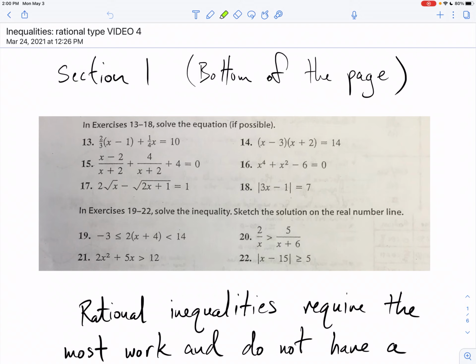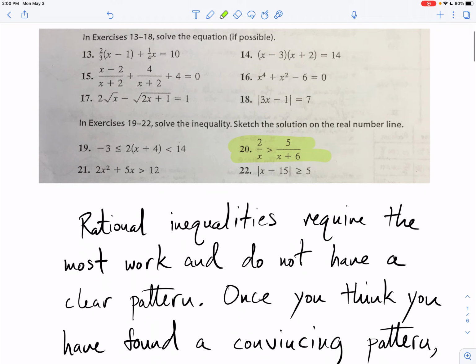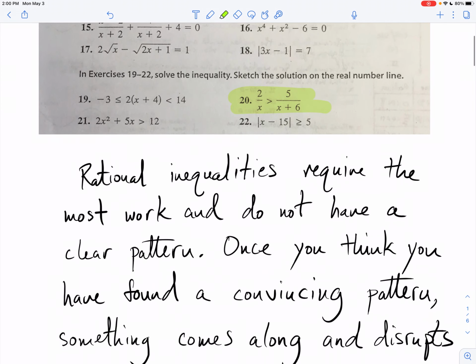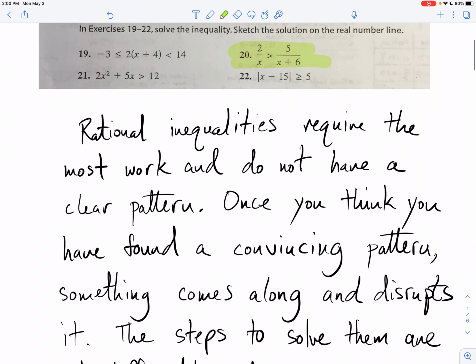Rational inequalities. So, the same location on this worksheet. What I'm about to show you is so that you understand how to do this problem right here. Now, rational inequalities require the most work, and they do not have a clear pattern.